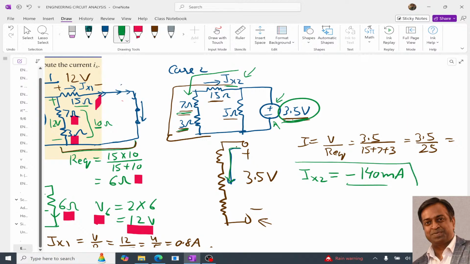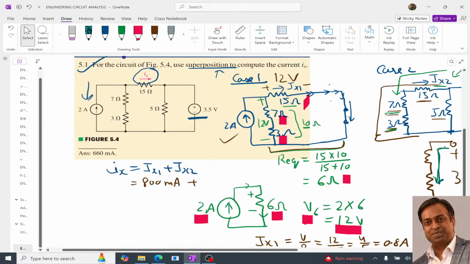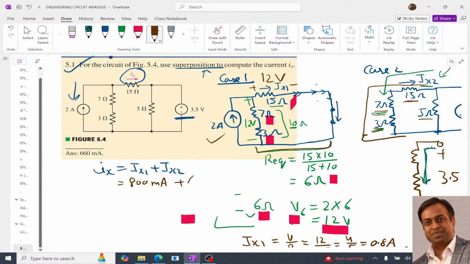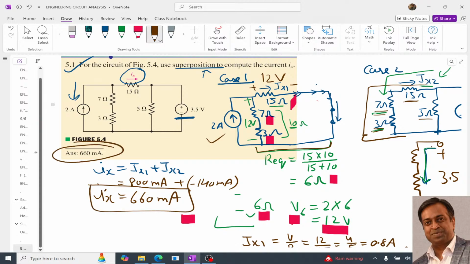So our ix2 is minus 140 milliampere. If we substitute this over here, we get 800 minus 140 milliampere, so it is 660 milliampere, which is also given over here. So this is the solution to this question.